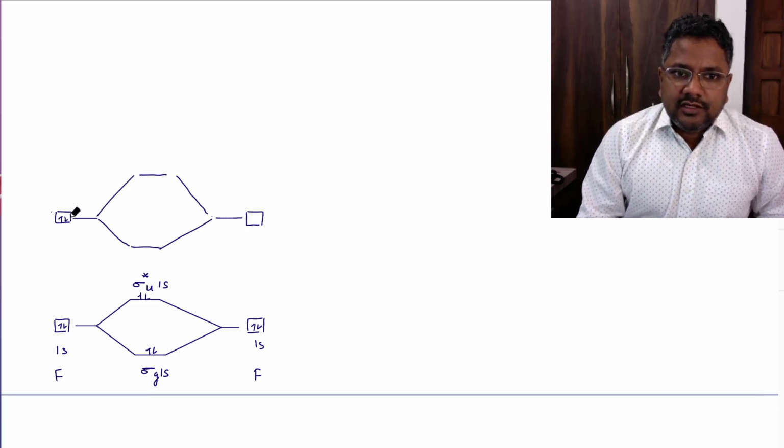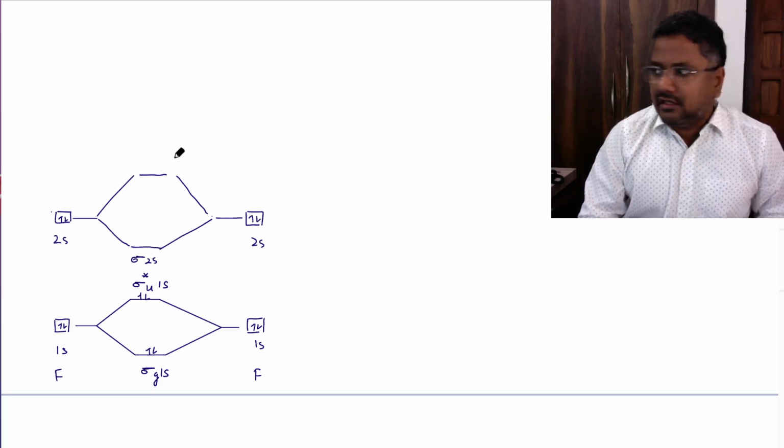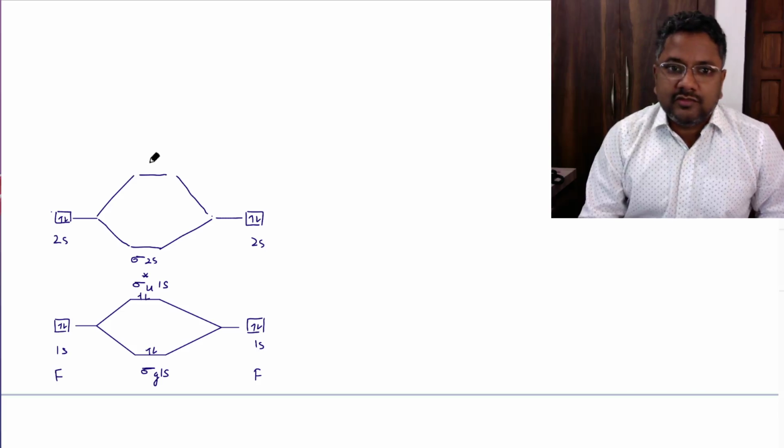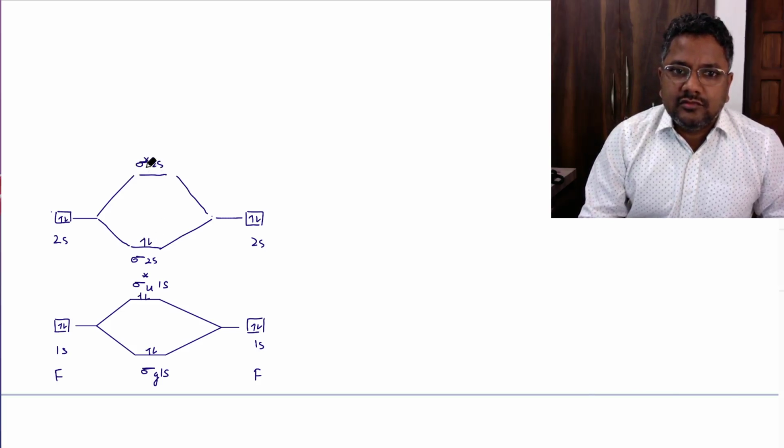So here 2 electrons, this is 2s, this is 2s. Here also 2 electrons, so this is sigma 2s and sigma star 2s, right?